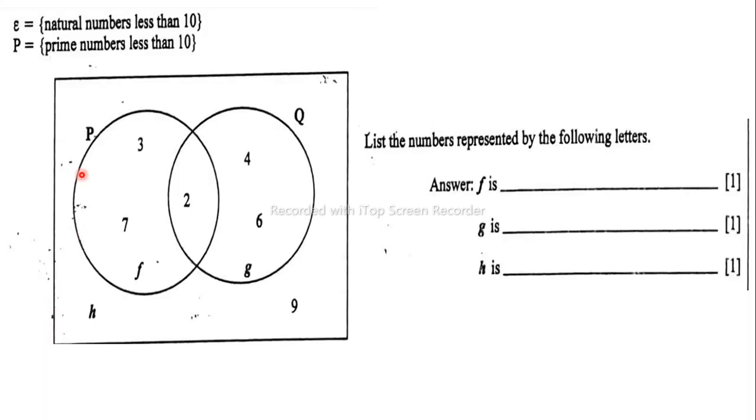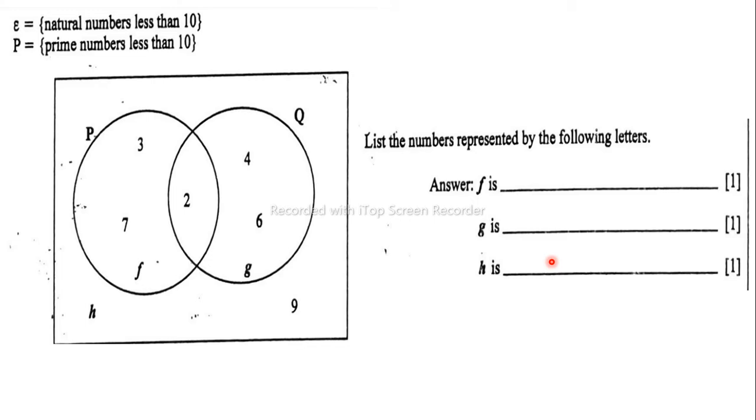Okay, so natural numbers less than 10, prime numbers less than 10. List the numbers represented by the following letters. F is blank, G is blank, and H is blank. Oh, they are so smart.